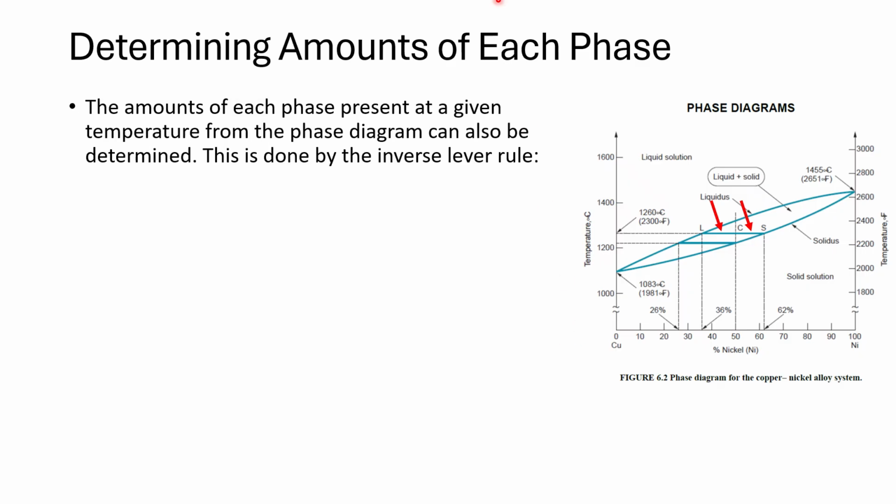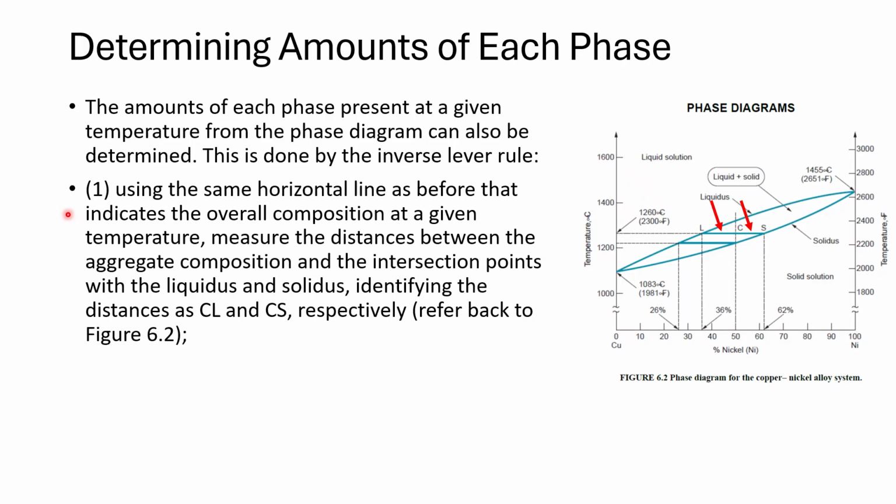So the amount of each phase present at given temperatures from the phase diagram can also be determined, and this is done by using the inverse lever rule. First, using the same horizontal line as before, that indicates the overall composition at a given temperature, measure the distance between the aggregate composition and the intersection points with the liquidus and solidus, identifying the distance of the CL and the CS respectively.